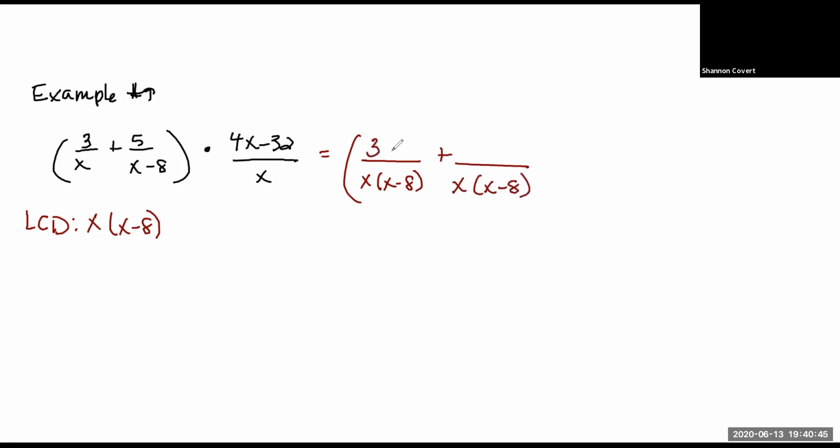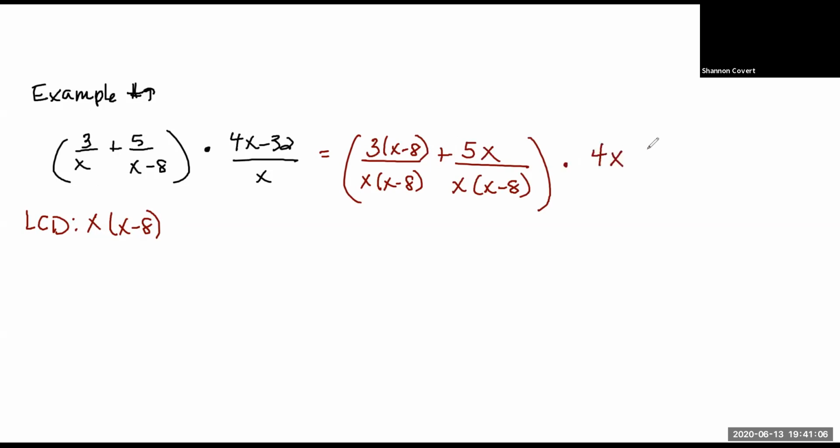In my numerator on the first fraction, I have 3 times x minus 8 because that's the piece that's missing from my original denominator. My second fraction, I'm going to have 5 times x.